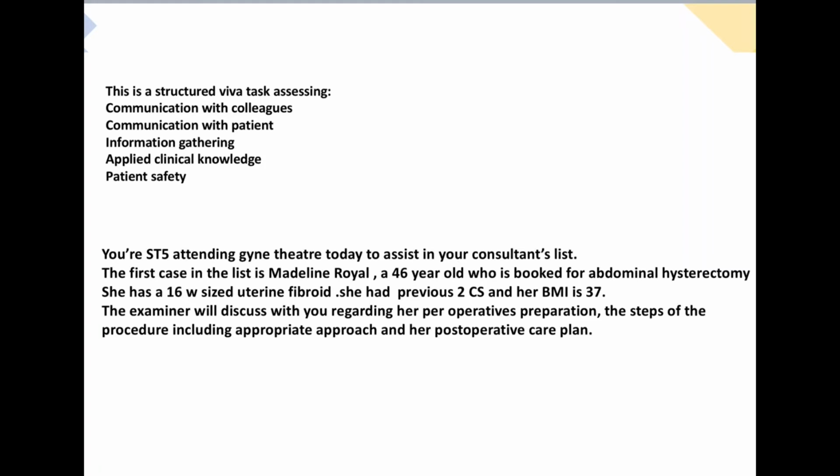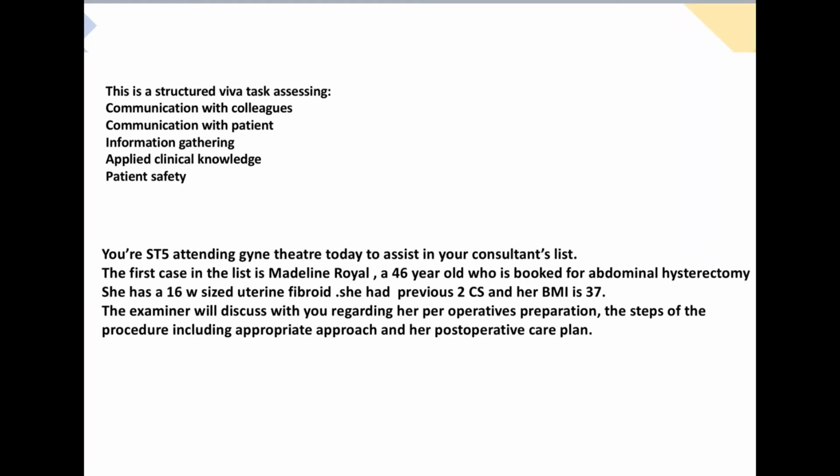Sometimes you may try laparoscopic assisted vaginal hysterectomy. However, with this large fibroid, there is no guarantee that you can retrieve the uterus through the vaginal route. So the best choice is to go through abdominal hysterectomy.